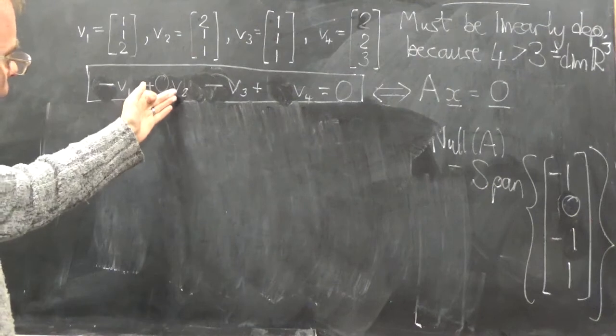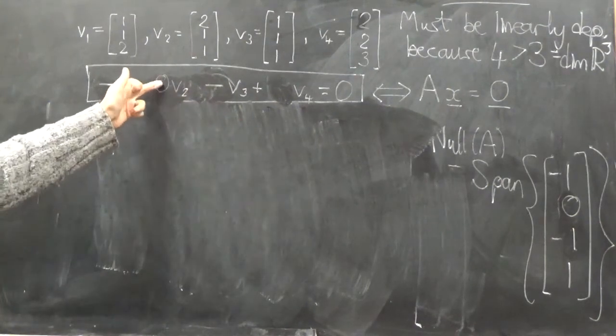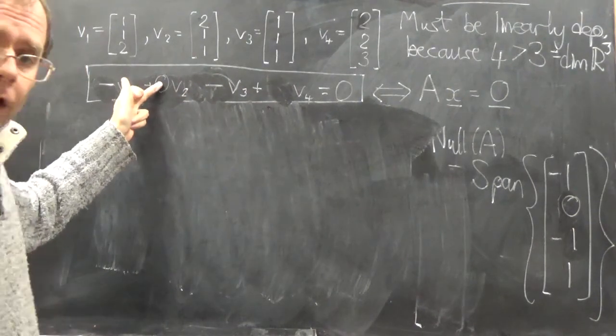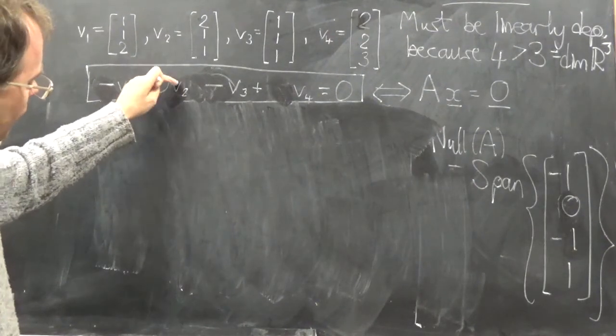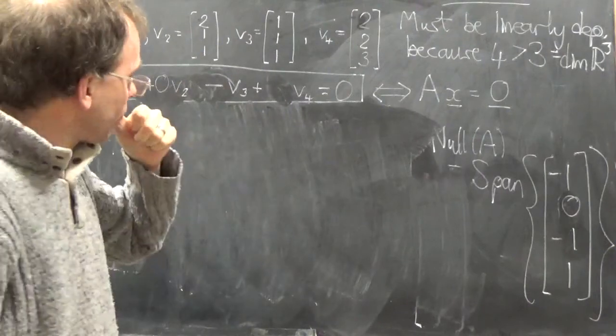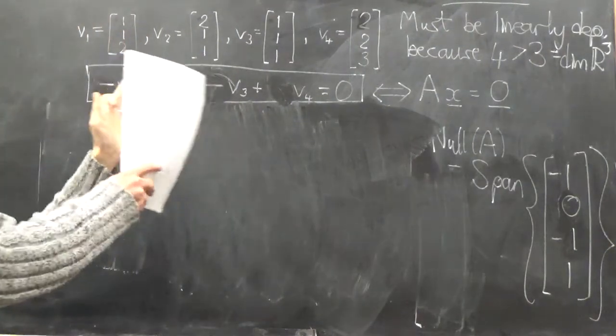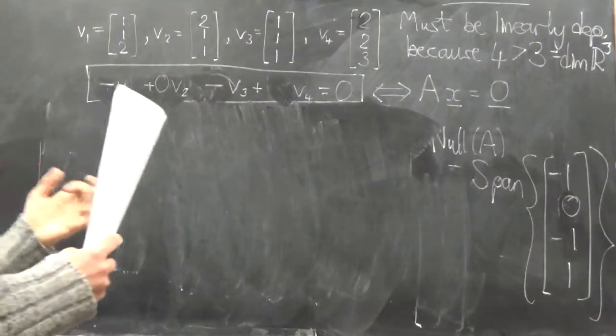To try and express v2 in terms of the others, you would have to divide by 0, and you can't do that. So where you've got a 0 coefficient, you can't express that one in terms of the others, but where you haven't got a 0 coefficient, then you can do it just as before.